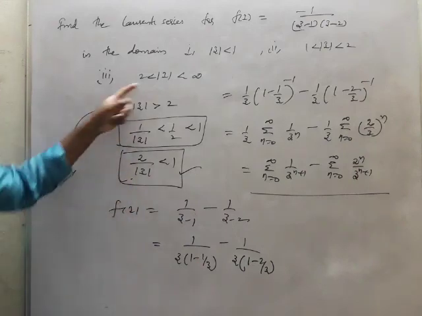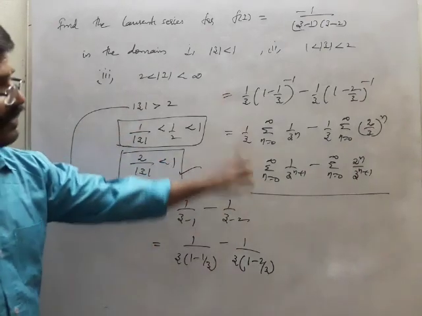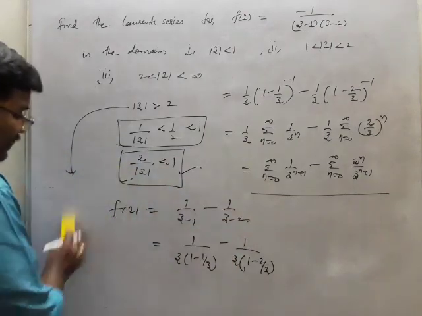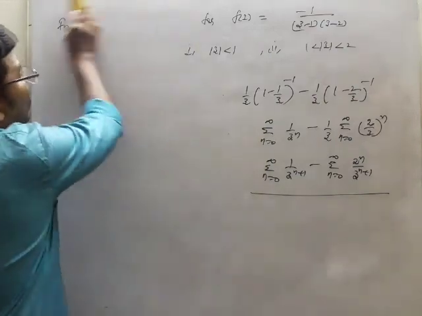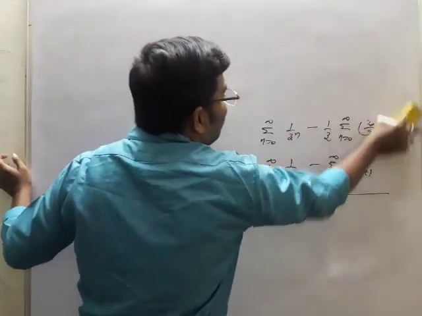So from this condition only we got the other condition, because we can expand this. Okay, so this is how the Laurent series can be used to solve the different types of problems which are given here. Then we go for another important problem.